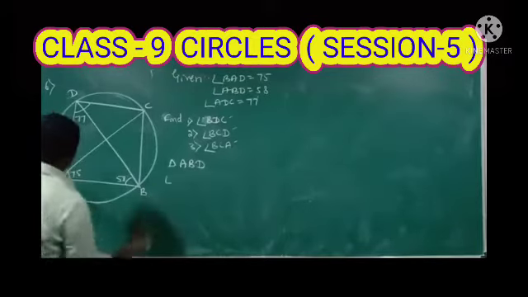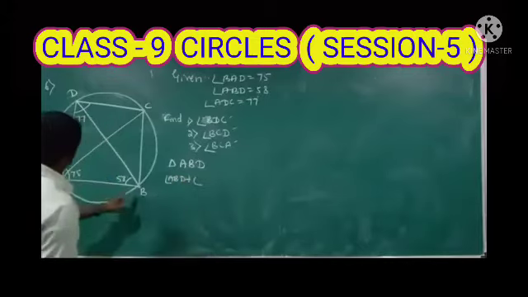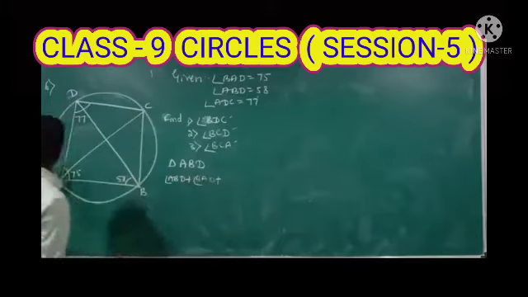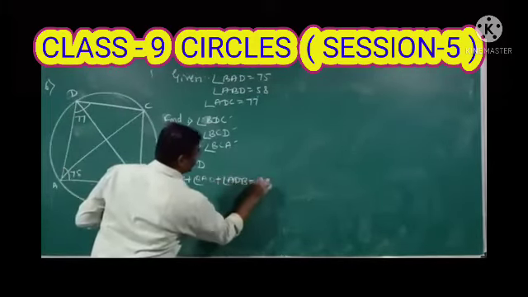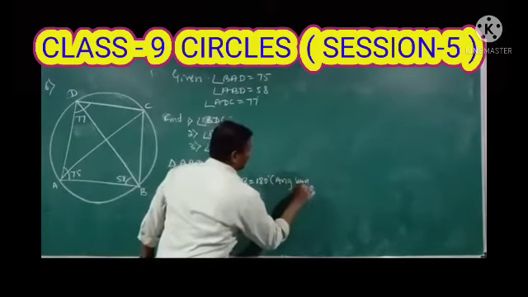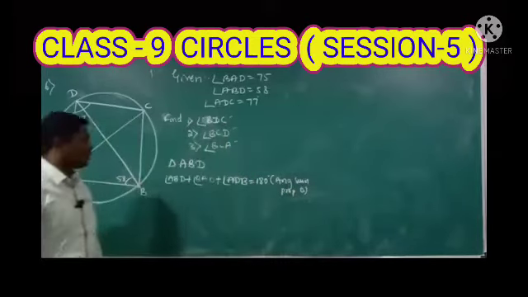So angle ABD plus angle BAD plus angle ADB is equal to 180 degrees. Reason: angle sum property of triangle.